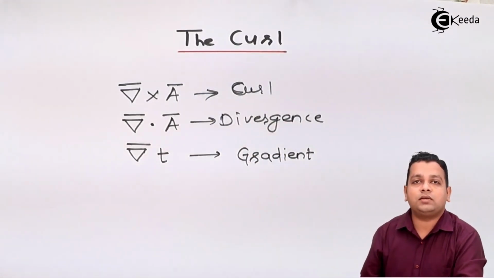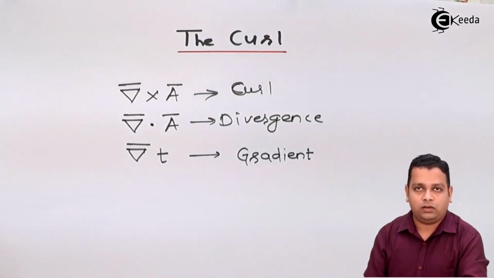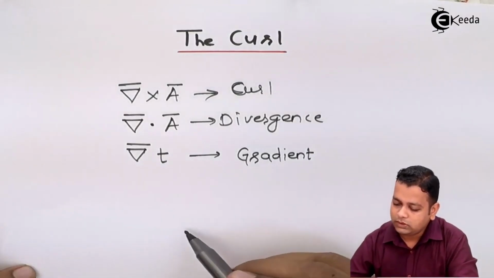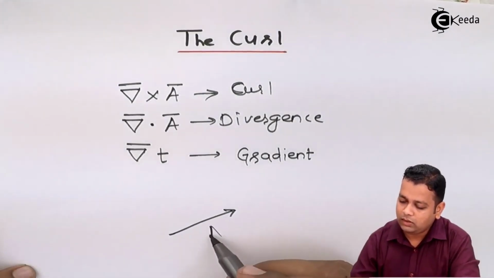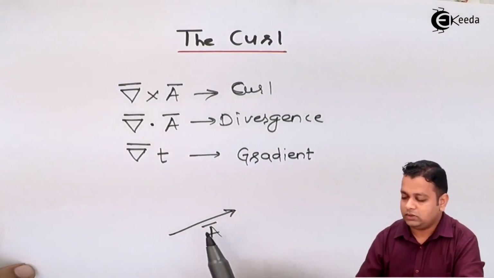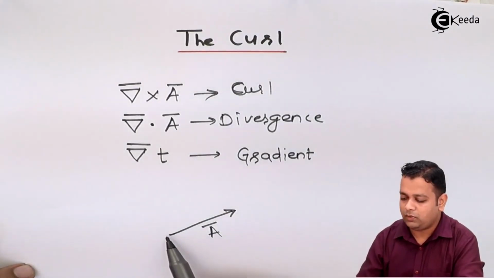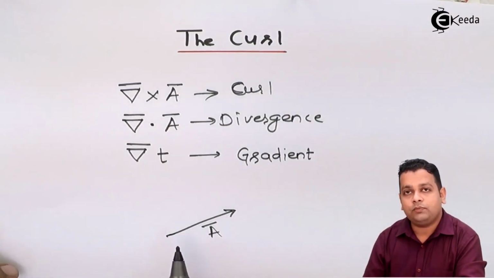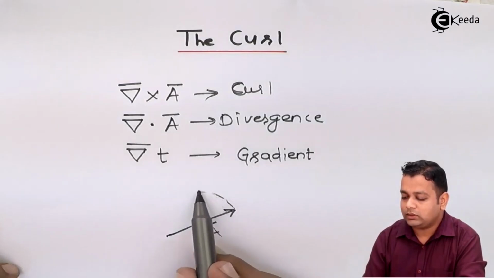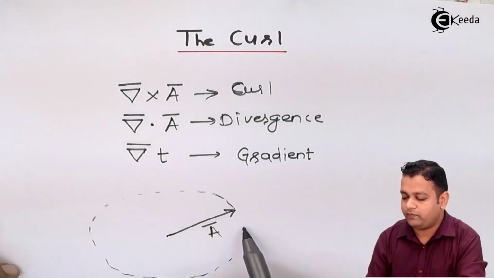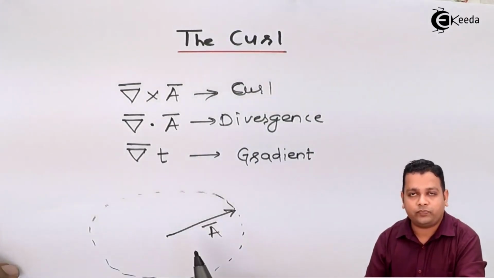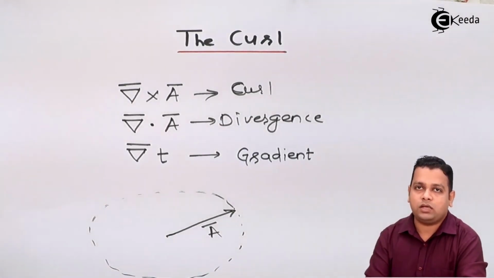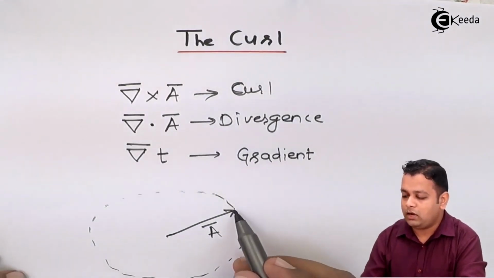Now to understand the exact meaning of curl, let us take one example. Suppose this is a vector A bar. It is a pictorial representation of A bar, having this much length giving the magnitude, and this particular direction. If this vector has some kind of rotation, we know that for any vector the field quantity is at the end point.